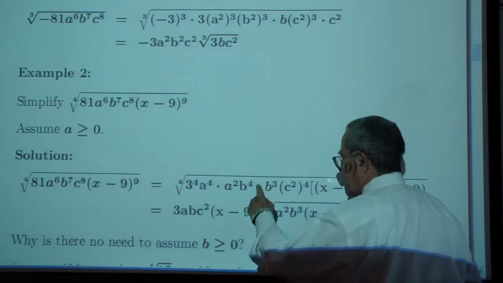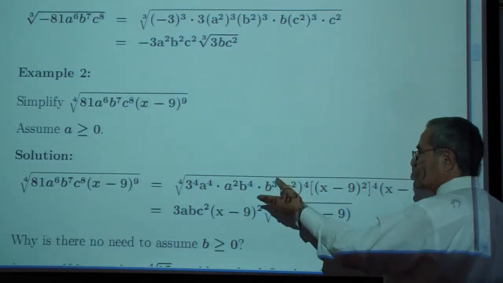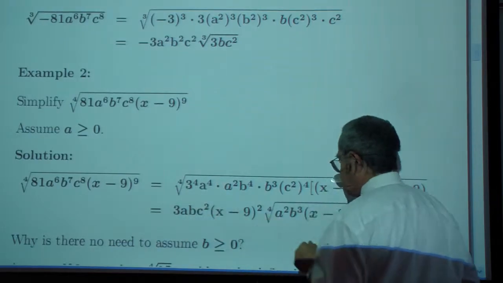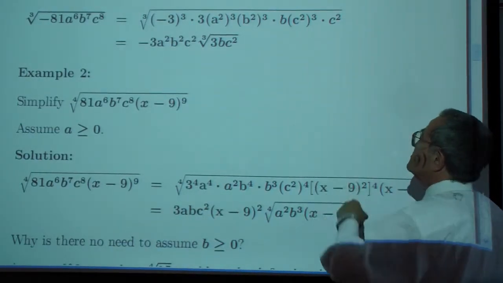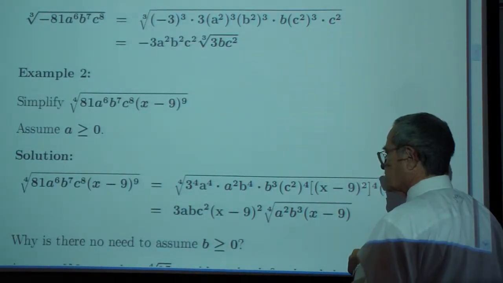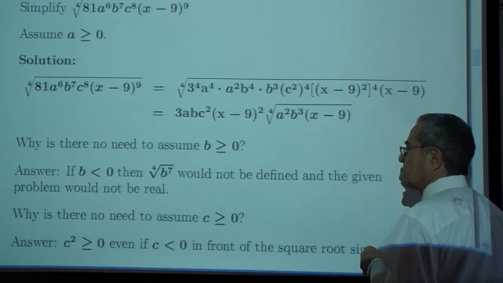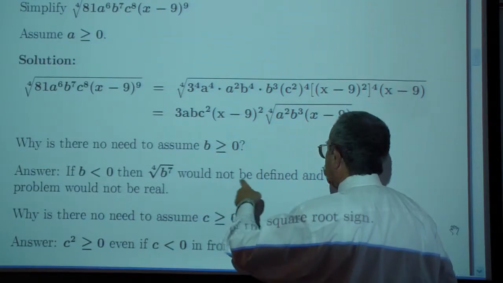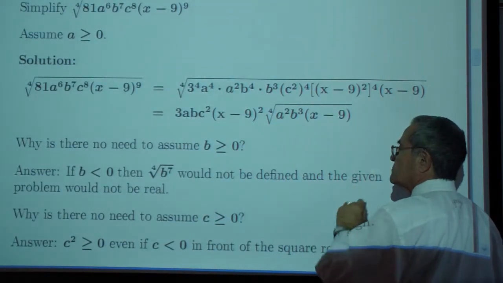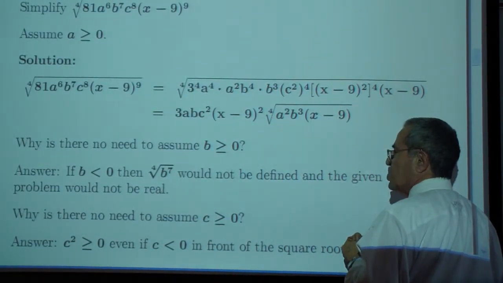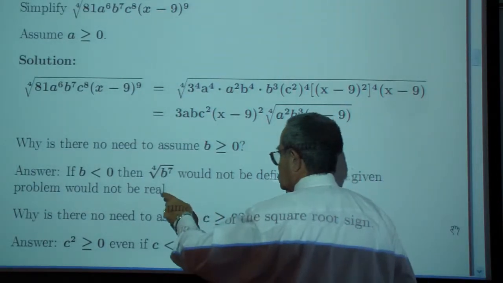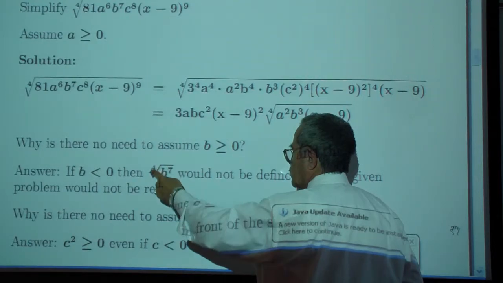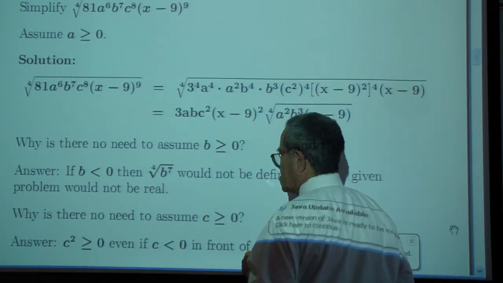And you do need absolute values here because that's the fourth root. For the third root, you didn't need absolute values. So b to the 7 would not be defined if b were a negative number, because you can never raise a real number to the power 4 and get a negative radicand.